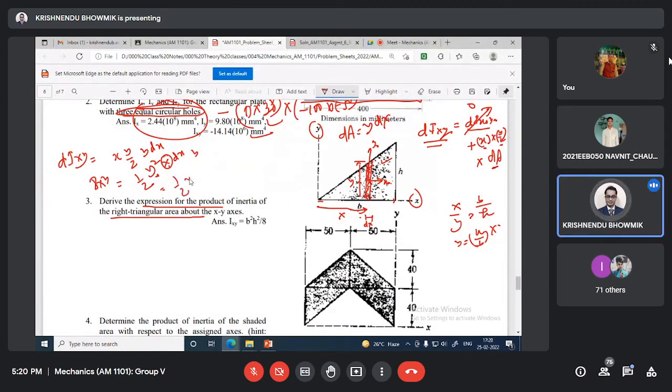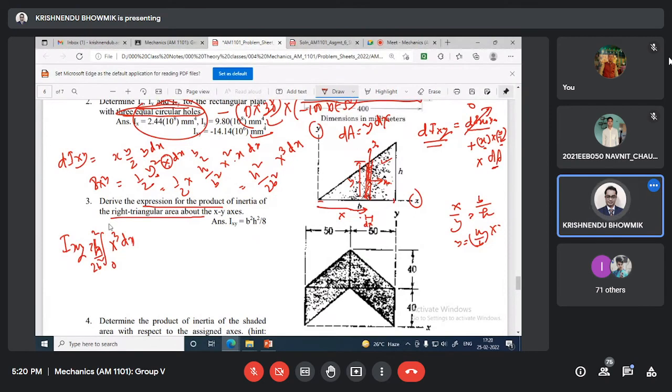So half h square by b square x square times x dx. So h square by 2b square x cube dx.